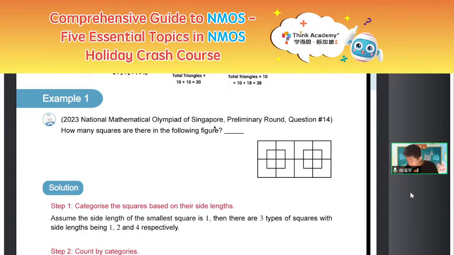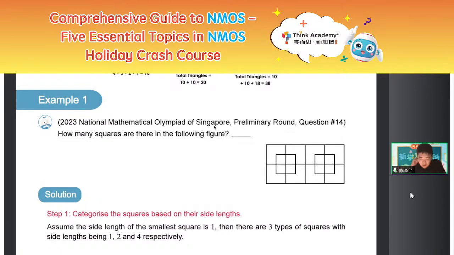Now, oh, my drawing is weird. I'm sorry. So for this one, first of all the squares are upright. We don't have to think about the directions, but we can indeed think about the size of the squares.